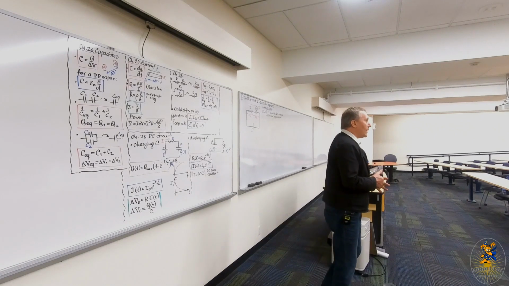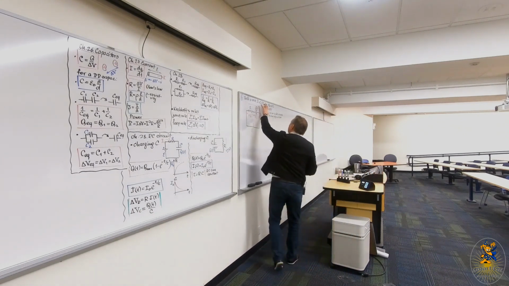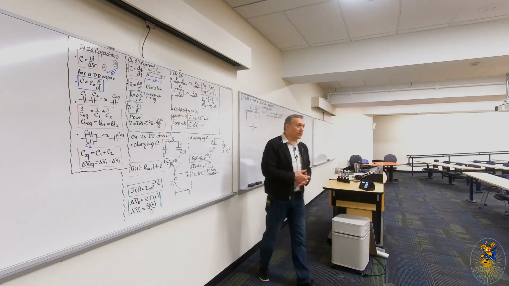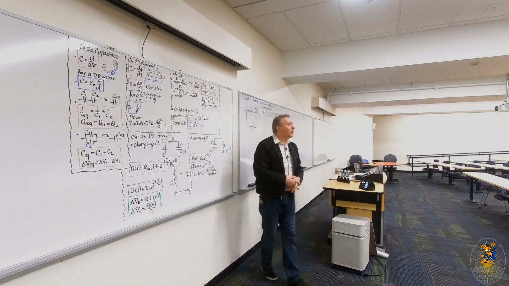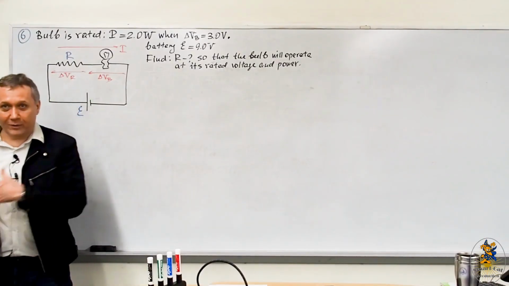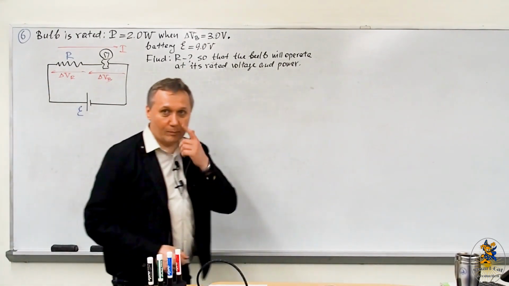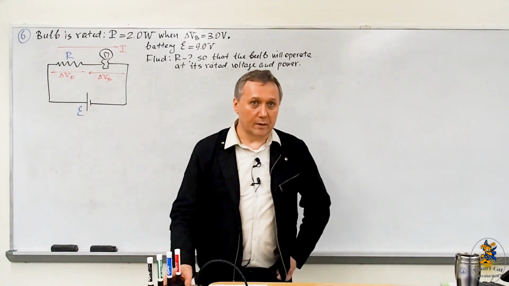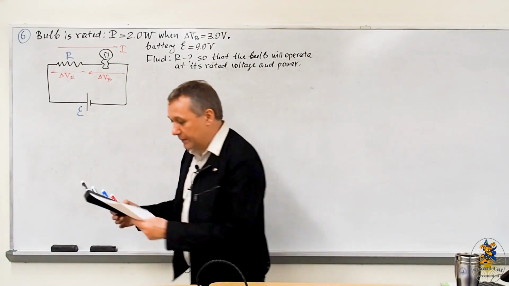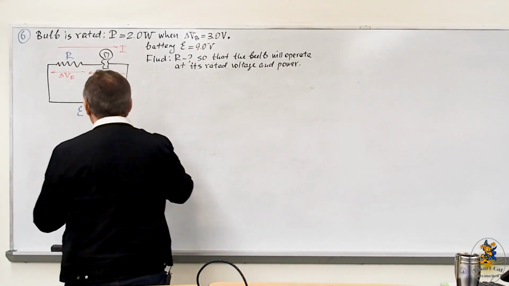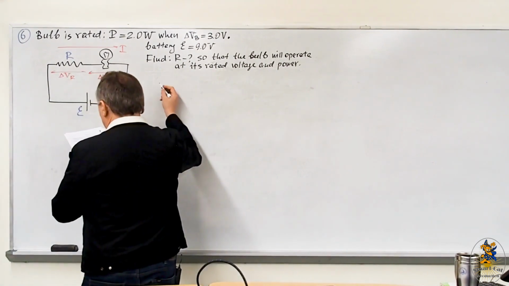So using the rated values of the bulb, we can find the amount of current that must flow through our bulb. You can see from these numbers which the company provides with the bulb, we can immediately calculate the amount of current which is going to flow, right? Okay, so great. That's the first step. Let me write it in words.